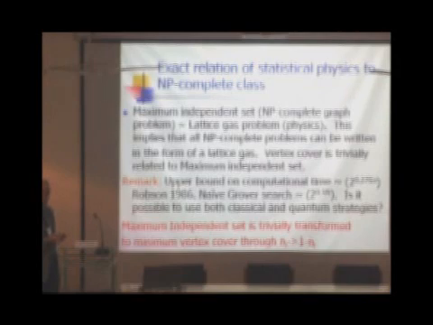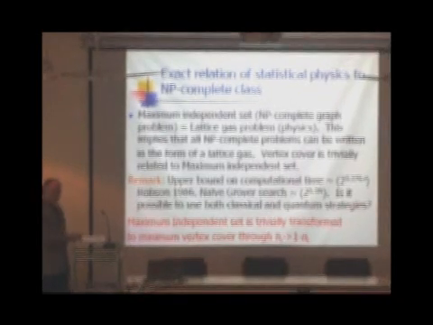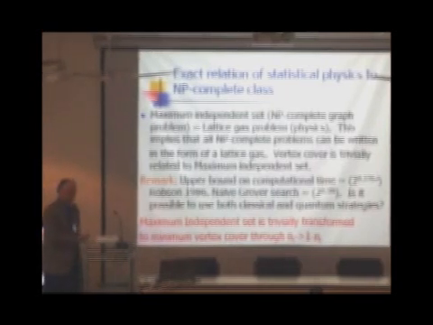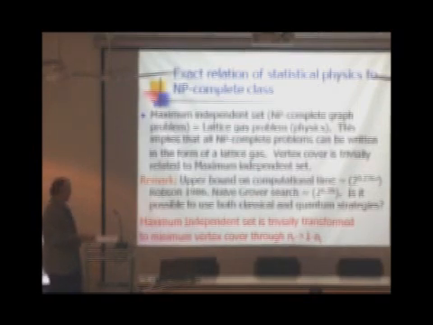It's the square root of 2 to the n. So if you do a naive Grover's algorithm, you will do worse than the best classical algorithm. So the only way that Grover's algorithm is going to make an impact in this area is if you somehow combine the strategies of the classical and quantum procedures. So that's a challenge. How do we do that?